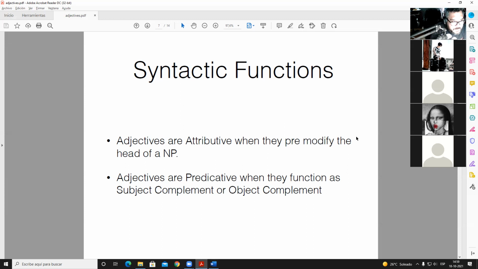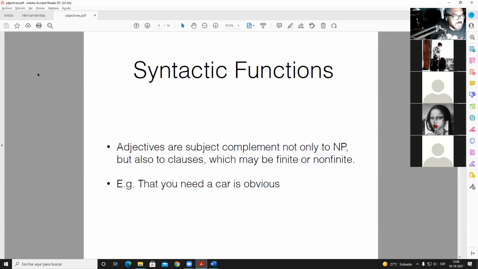Okay, syntactic functions. Adjectives are attributive when they pre-modify the head of a noun phrase. We know that. Adjectives are predicative when they function as subject complement or object complement. Adjectives are subject complement not only to noun phrases, but also to clauses which may be finite or non-finite.